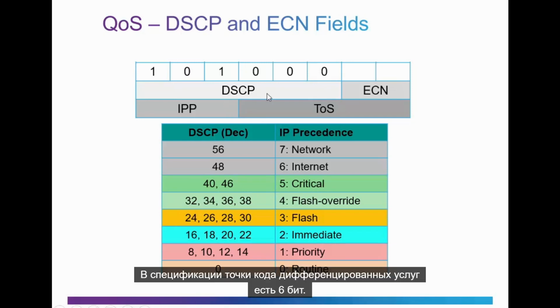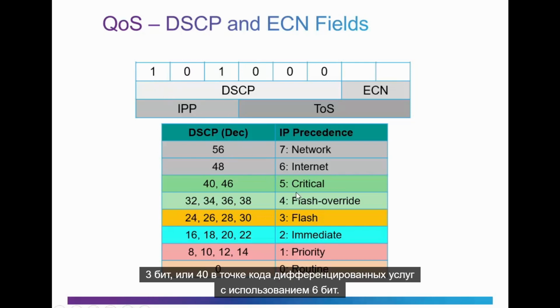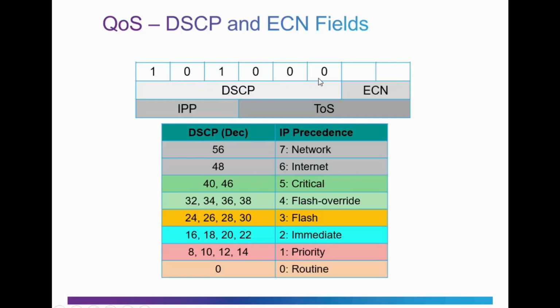Under the DSCP specification, you have 6 bits, 1, 2, 3, 4, 5, 6, and this is a 32, and this is an 8, and 32 plus 8 is 40, so you can see how it would map a 5 under IPP using 3 bits, or a 40 using DSCP using 6 bits. Since DSCP uses 6 bits, there are 64 possible classifications of traffic.